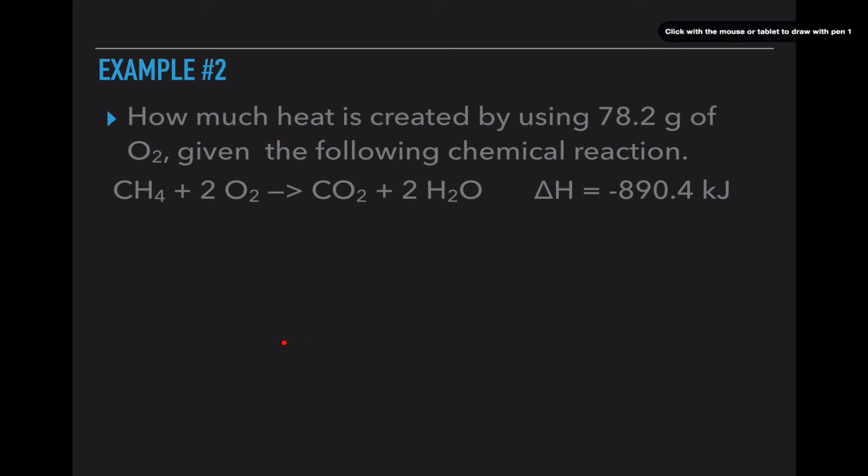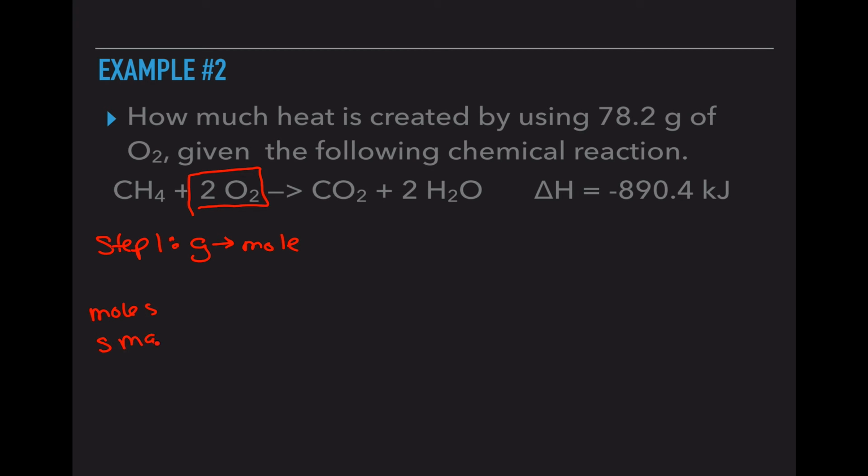How much heat is created by using 78.2 grams of O2 given the following chemical reaction? So I'm using the same chemical reaction as the last slide just to get comfortable with it. But now I'm going to focus on this value. So my step 1 is the same. I'm going to go grams to moles. So I have moles, S mass, and M mass.